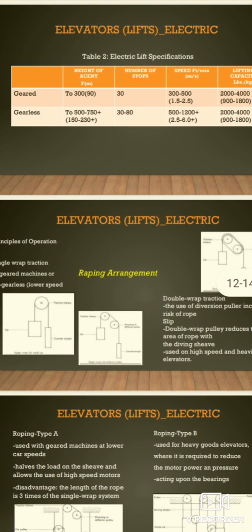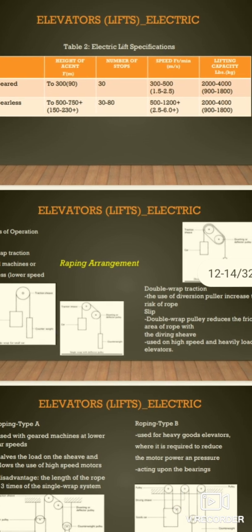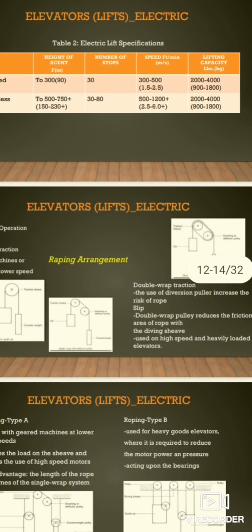For the geared, the height of ascent is 300 to 90. Number of stops is 30. The speed is 300 to 500.